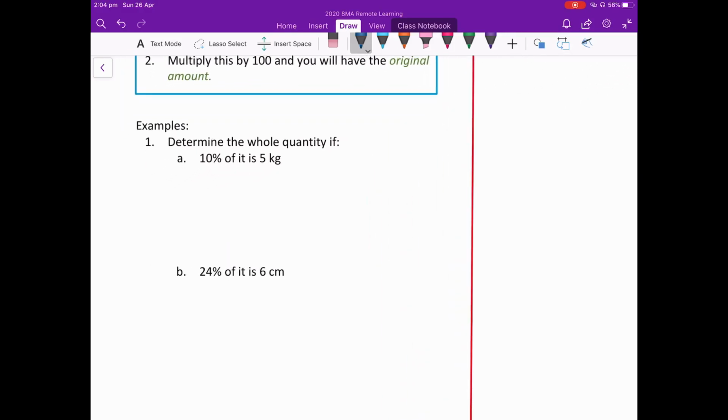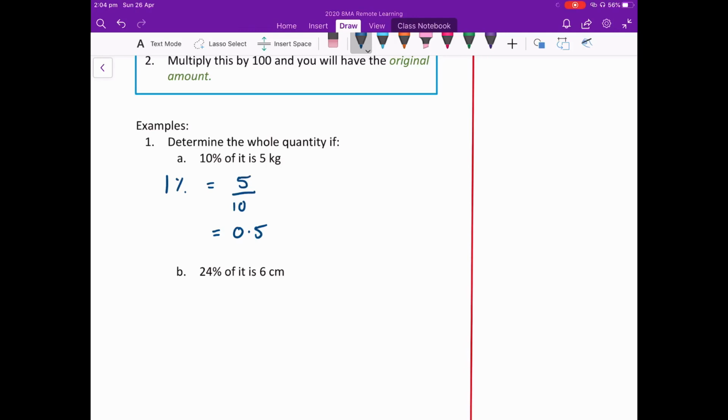This first example, we're going to determine the whole quantity if 10% of it is 5 kilograms. So we want to find out what 1% is worth. So here, if 10% is 5 kilograms, 1% will be 5 kilograms divided into 10 equal pieces. Now, we know that as 0.5 or half.